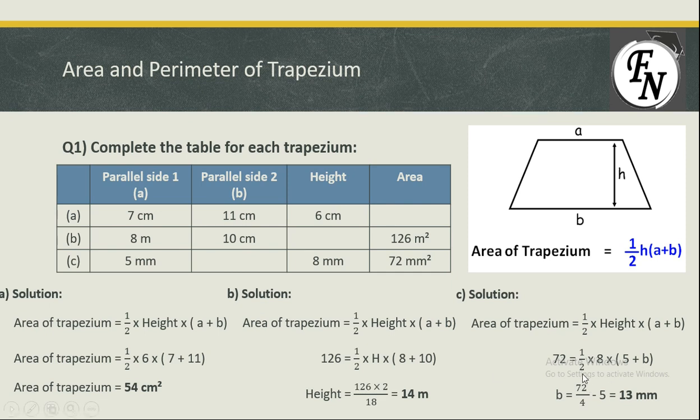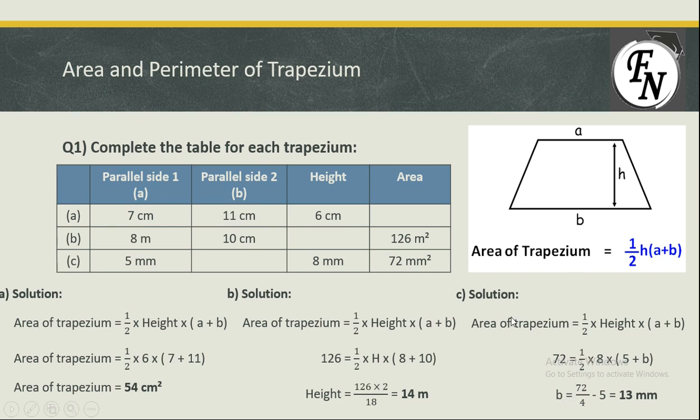There is 2 which is dividing here, and 8 is multiplying, so I can cancel these. 2 ones are 2, 2 fours are 8, and now as 4 is multiplying on the right hand side of the equal sign, on the other side it will be divided, so it becomes the denominator. And on the right hand side 5 is added to B, and on the other side it would be subtracted. So after solving it, I will get the answer as 13 millimeter.